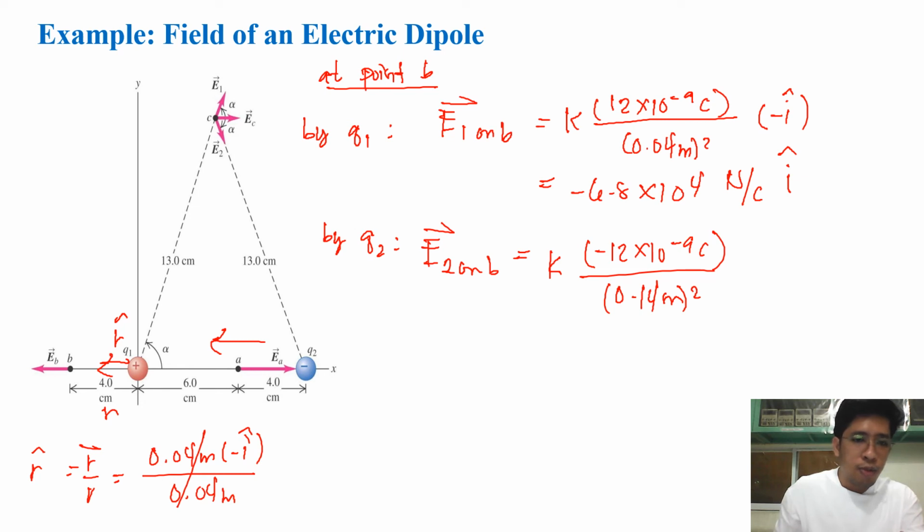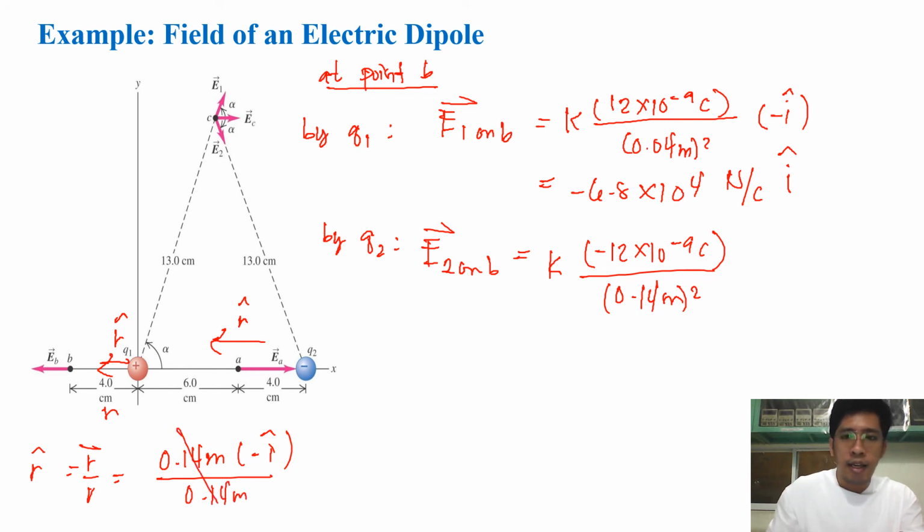Just for you to know, this is your R hat for your E2 on B: your vector R is 0.14 meters negative I hat divided by the magnitude 0.14 meters, so it's still a negative I hat.